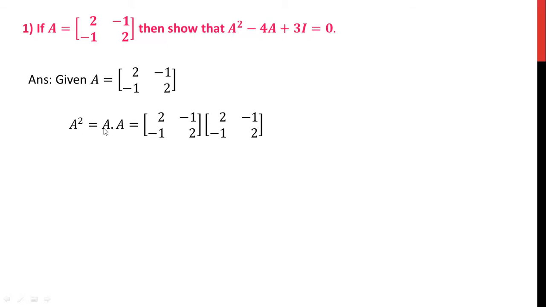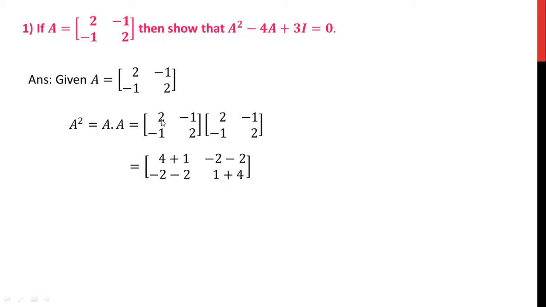So A square is equal to A into A, that is equal to, see here, the matrix A into the same matrix A, like this. So now take the product. Both the matrices are of order 2 by 2 because both are the same. We know how to write the product.